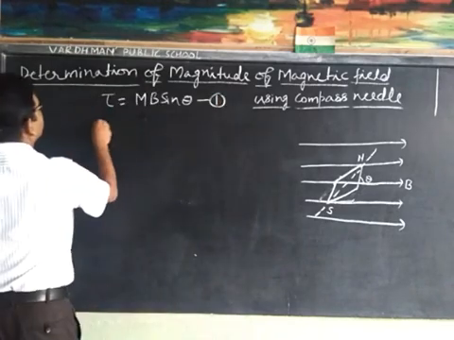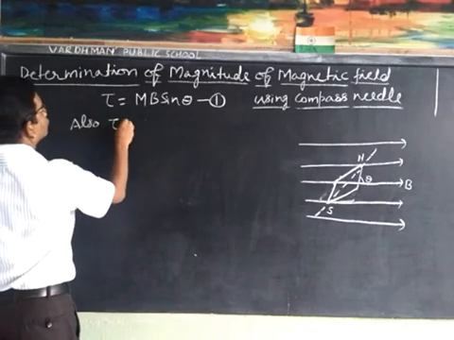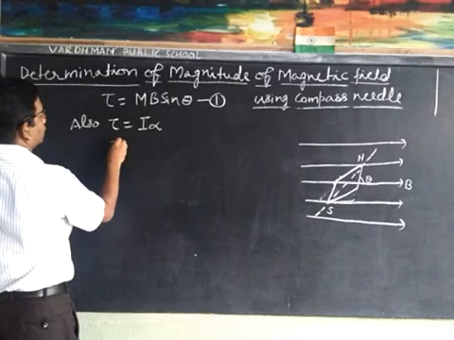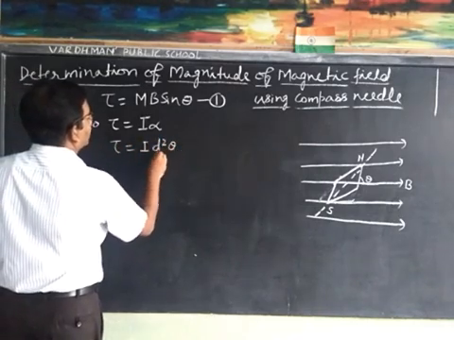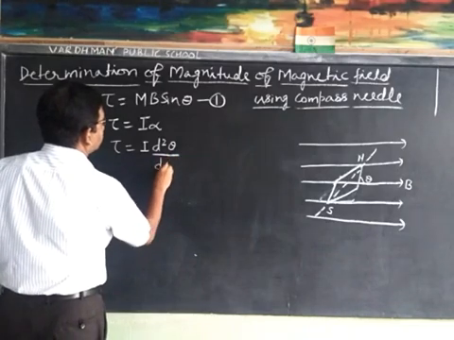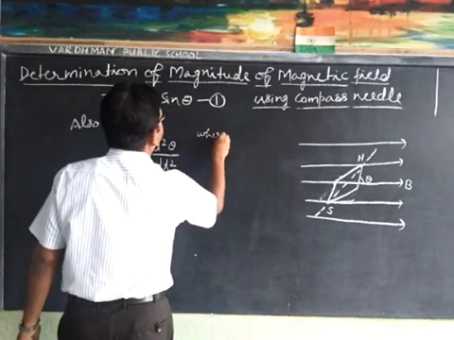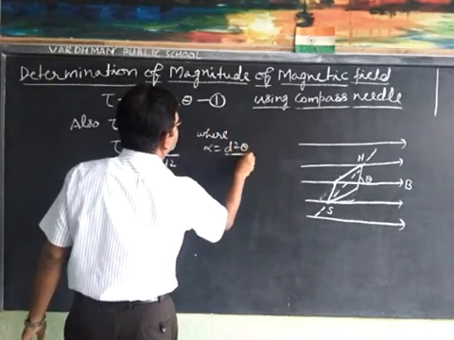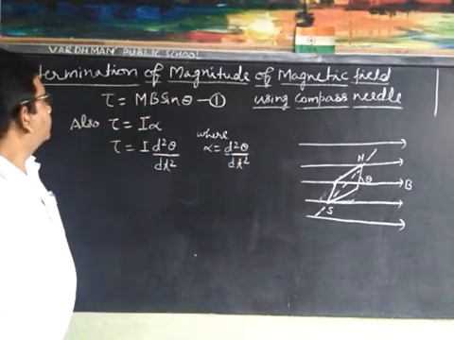Also we know tau is equal to I alpha, that is tau is equal to I d square theta upon dt square, where alpha is the angular acceleration.